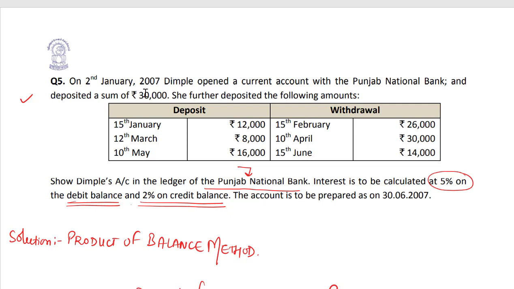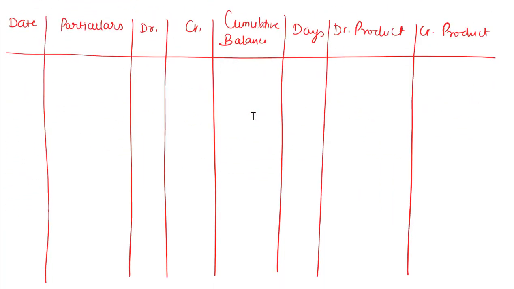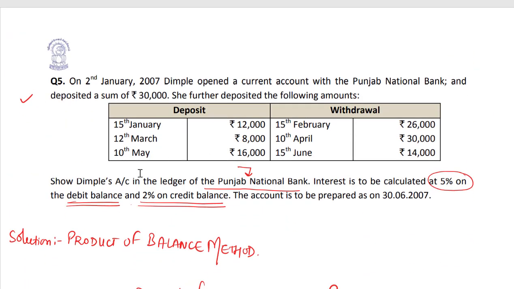On 2nd January 2007, she opened a current account giving 30,000 with PNB. So 2nd January 2007, by cash, she deposited 30,000. Cumulative balance is 30,000 credit. Next, 15th January, 12,000 deposit.